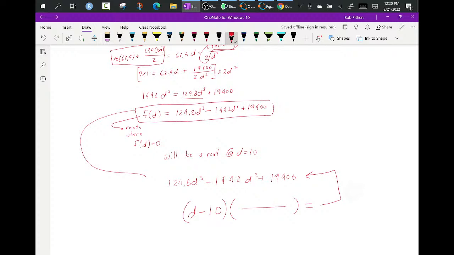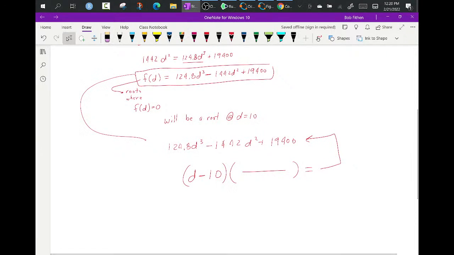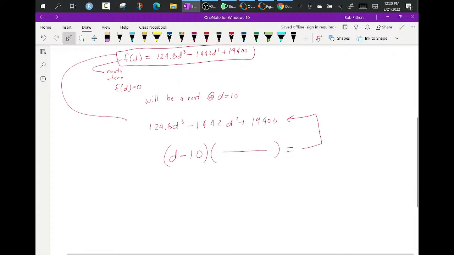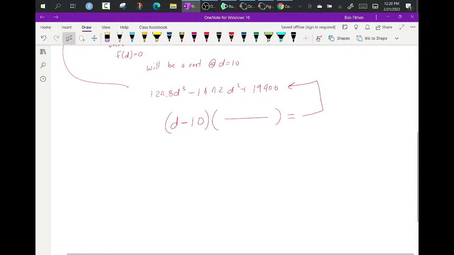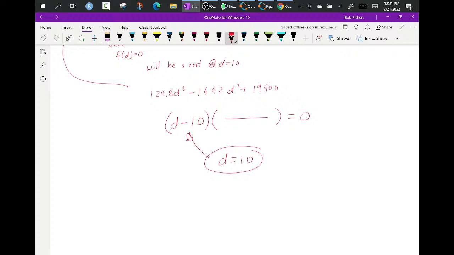Well, let's see if we can get this out. Now, I'm going to rely on an old style memory that you may or may not have. And in this old style memory, if we're trying to find a root, and this is equal to 0, then d equal 10 will satisfy that.